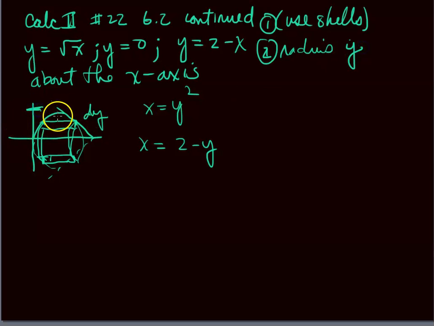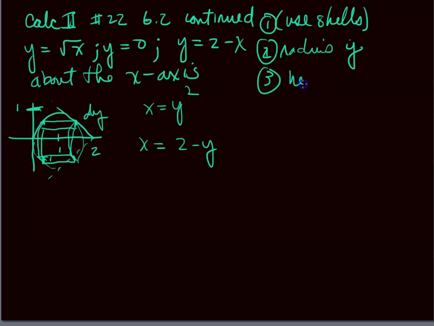That's where this point is here. The square root. This is when y is 0, x is 2. So this is 2 here. This is 1 here. And at 1, y is 1. And so we know what these points are. So the radius is just y.